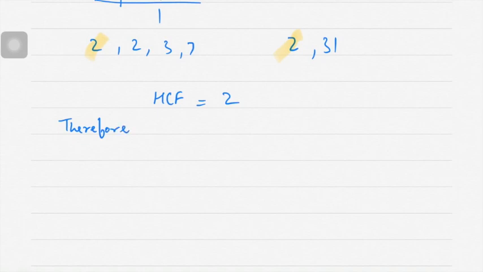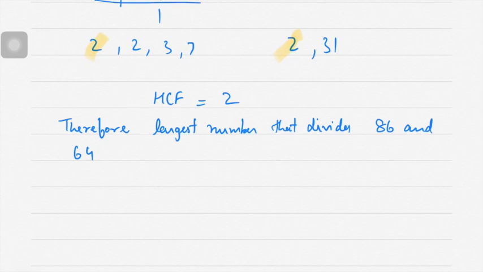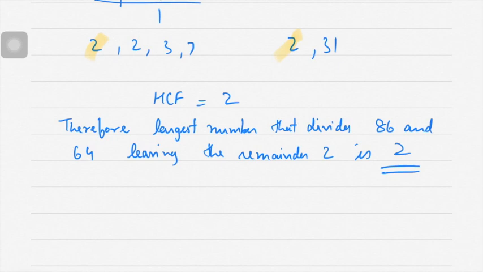So write down, therefore the largest number that divides 86 and 64 leaving the remainder 2 is 2.